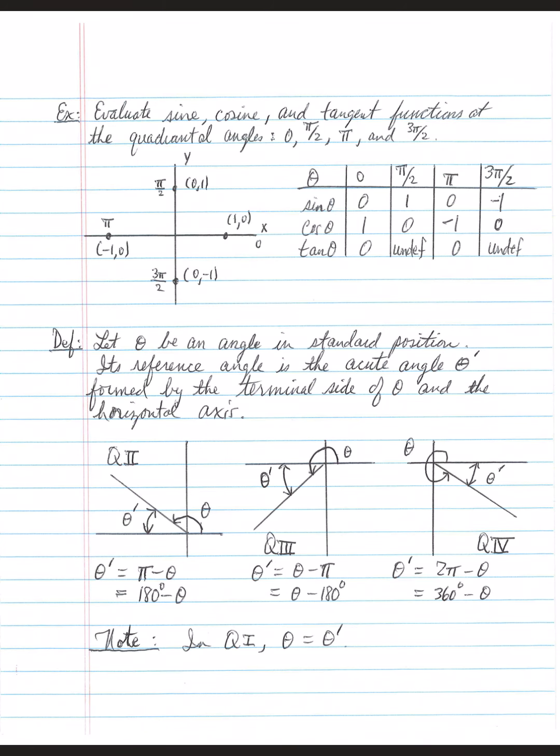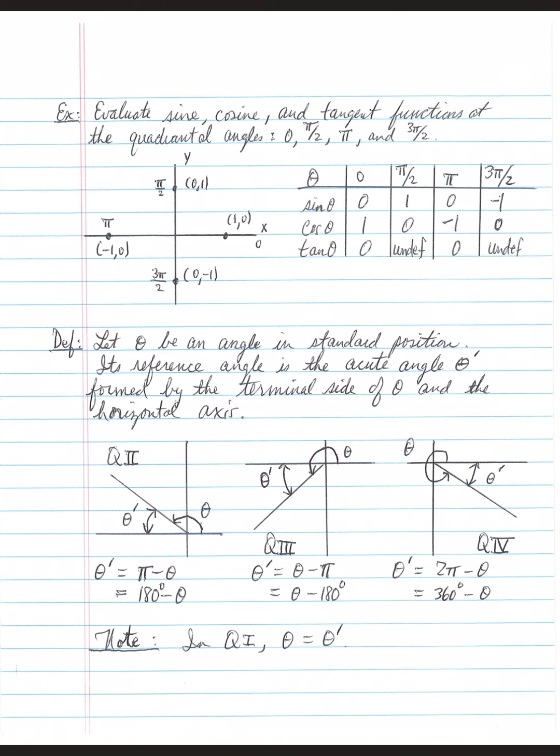Definition: let theta be an angle in standard position. Its reference angle is the acute angle theta prime formed by the terminal side of theta and the horizontal axis. For example, if we draw in the y-axis and an x-axis and we form an angle in quadrant 2, our angle reaches somewhere between 90 and 180.